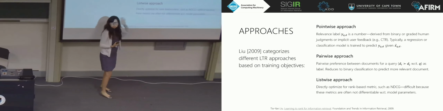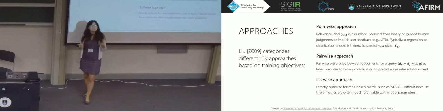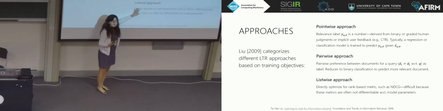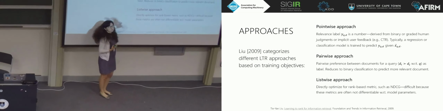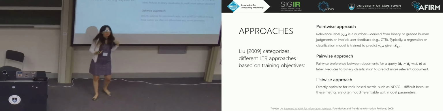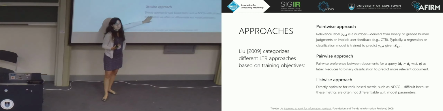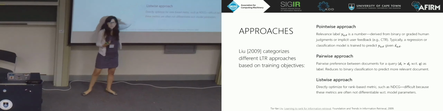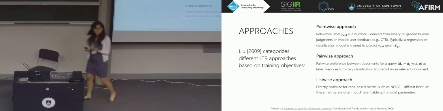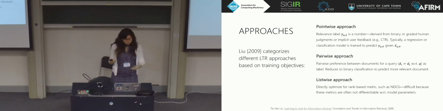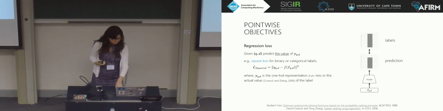One challenge with this, like we discussed before, is the fact that these metrics are not differentiable. And in fact, these approaches tend to work much better than the others, but some of the other approaches were initially proposed because of the fact that these metrics are not differentiable. So they were just using these initial basic models to predict relevance directly instead of having to sort the scores and so on.